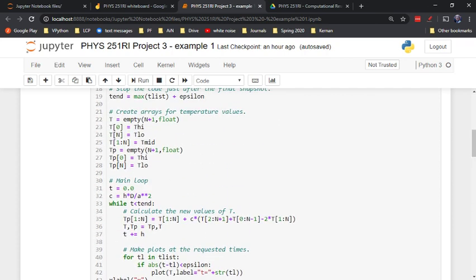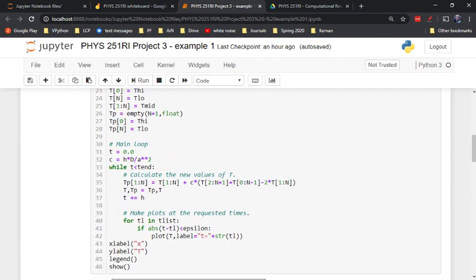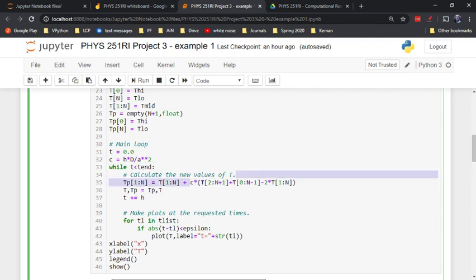And the way we do that, this is the piece that has the finite difference equation, this line 35. Everything else is really just set up, right? So this is where we have the next step in time, we're calling that temperature prime, equals the current step, the current temperature at each point, plus all of this other stuff. So we've got C, this is just all of the constants thrown together.